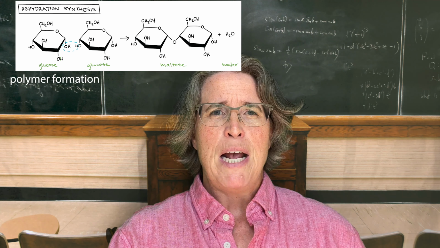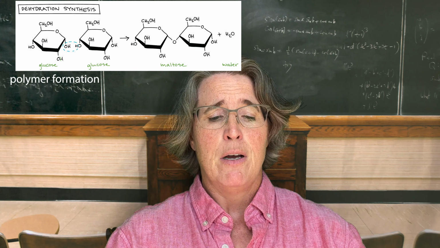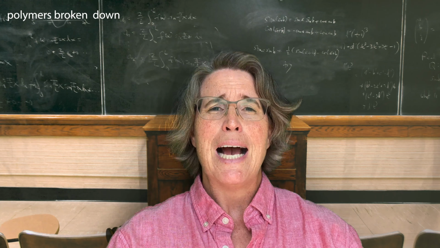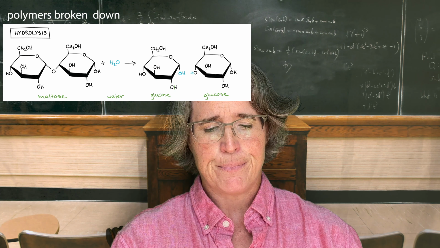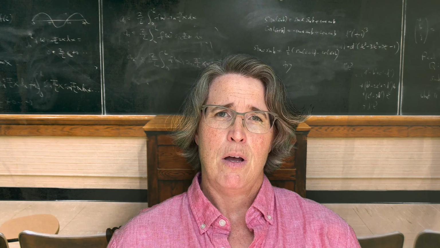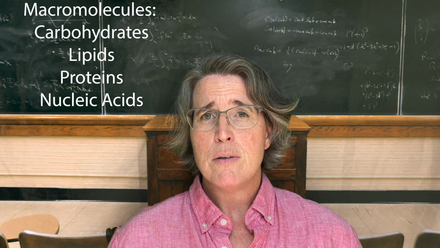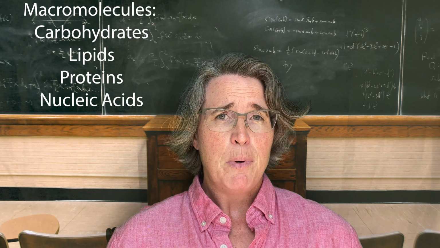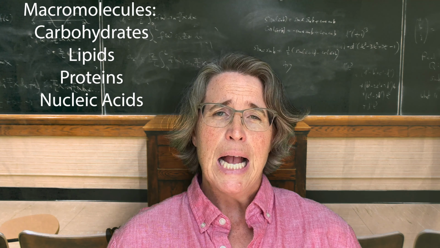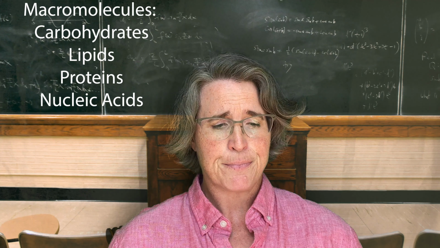All polymers are made through a dehydration reaction, and they're all broken down through a hydrolysis reaction. There are 4 different kinds of macromolecules. They are carbohydrates, lipids, proteins, and nucleic acids.